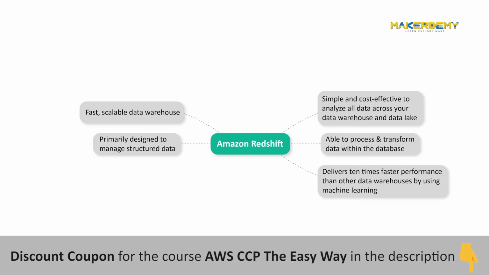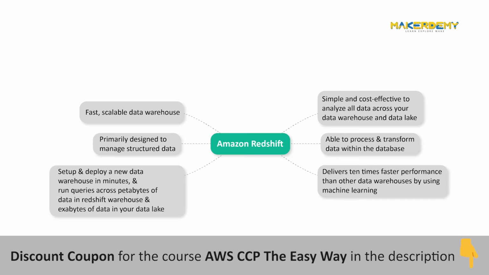Redshift delivers 10 times faster performance than other data warehouses by using machine learning, massively parallel query execution, and columnar storage on high-performance disk. You can set up and deploy a new data warehouse in minutes and run queries across petabytes of data in your Redshift data warehouse and exabytes of data in your data lake built on Amazon S3.